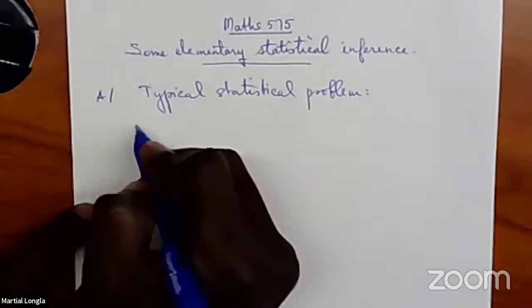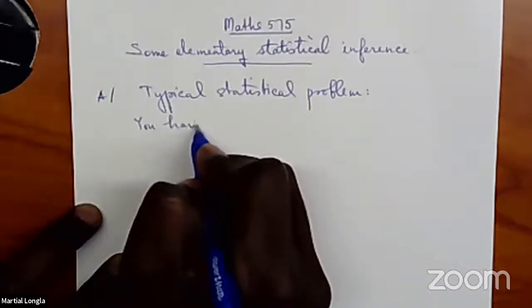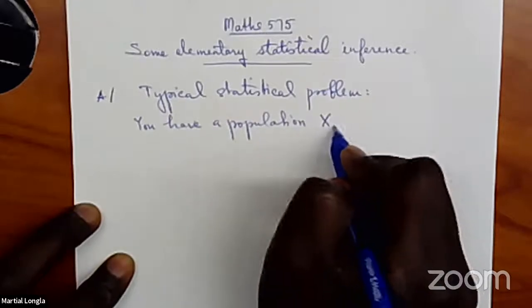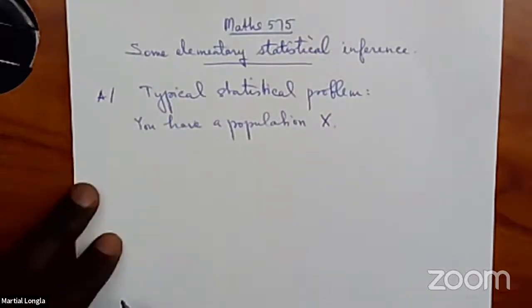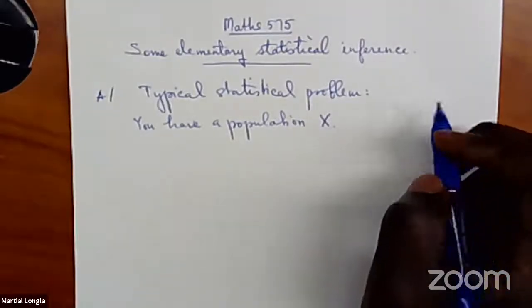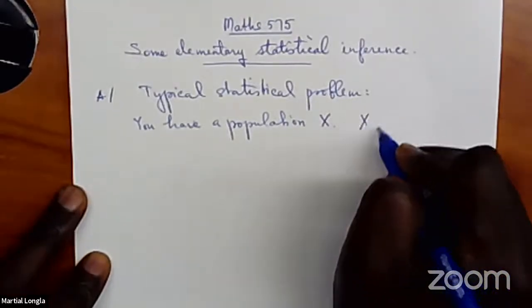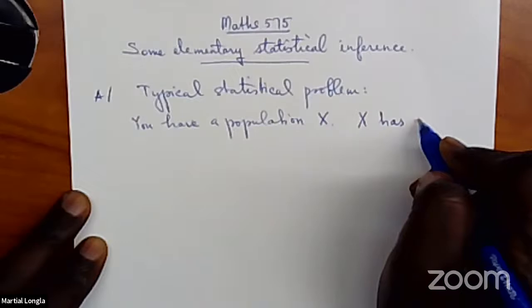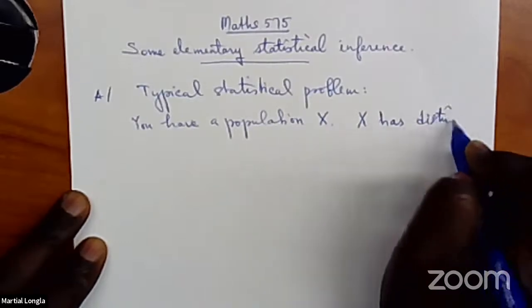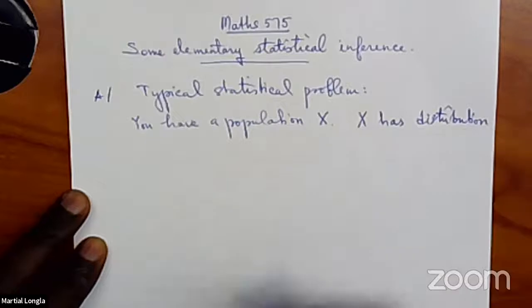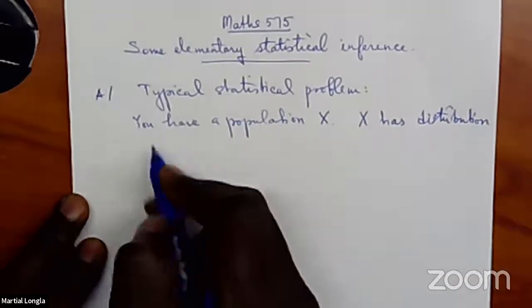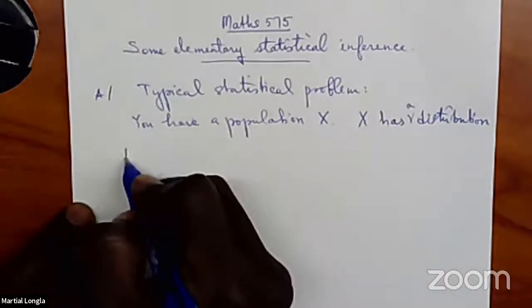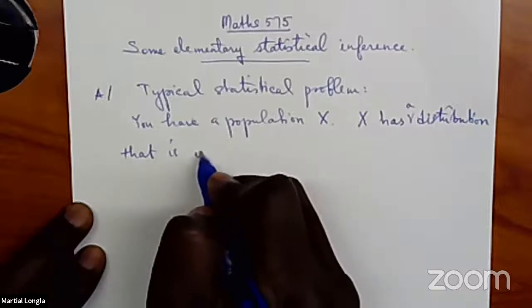You have a population, which we denote X. X has, let's say, a PDF or PMF. X has a distribution that is not null.